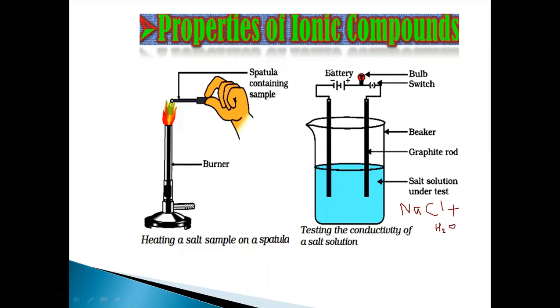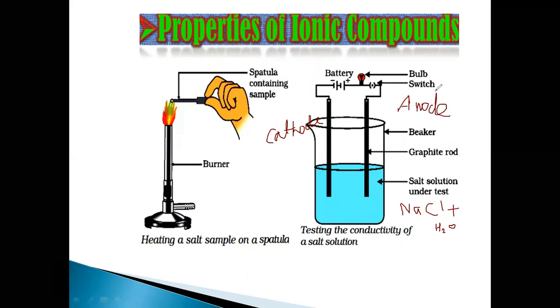Here you are having a negative. Negative means what? Cathode. This is the cathode, electron. And positive means what? It's an anode.